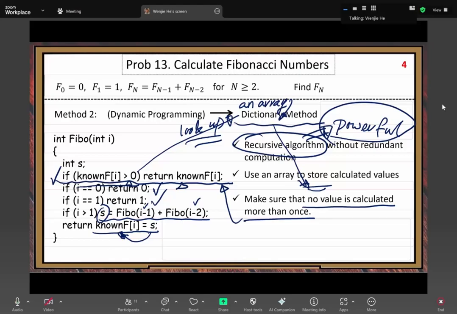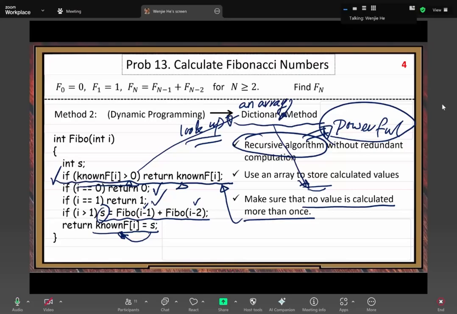All right? So here you can see when you make your dictionary, at the beginning all the slots are empty, but you keep adding Fibonacci numbers into your dictionary, filling those empty slots, so you build up your dictionary.